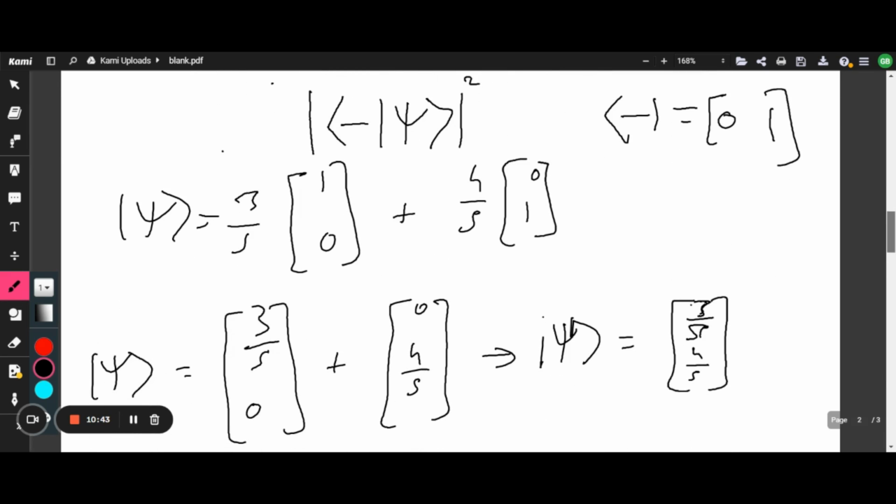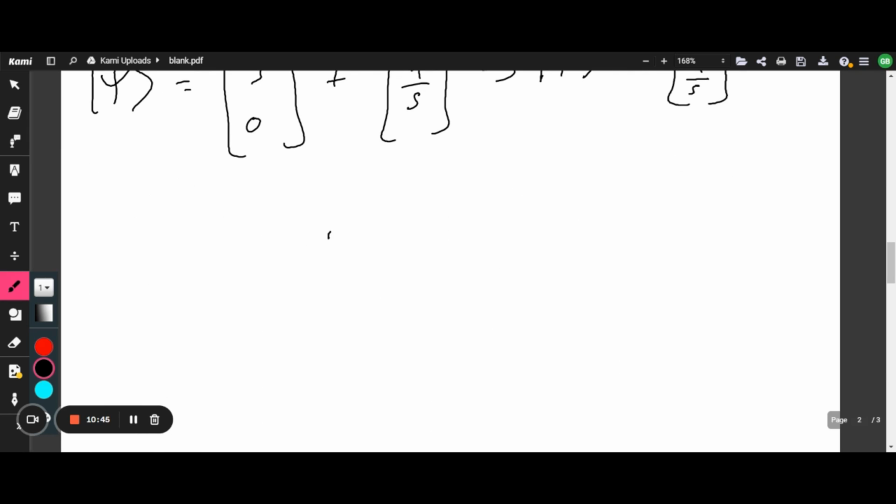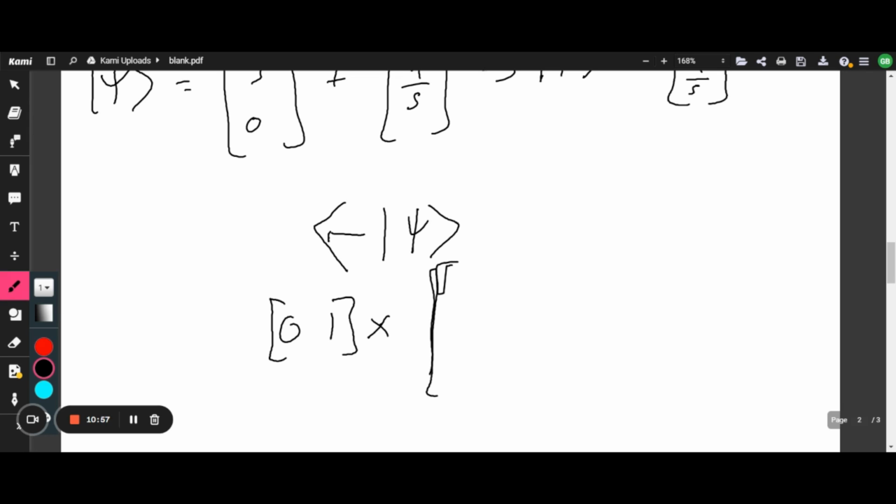So now going on with the inner product. So (0, 1) times (3/5, 4/5).